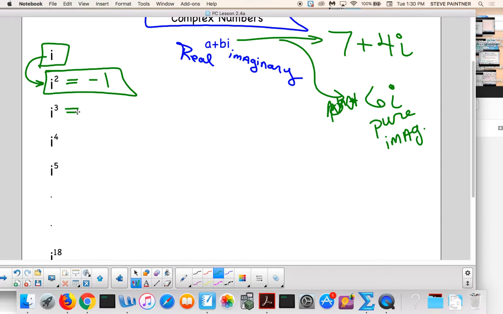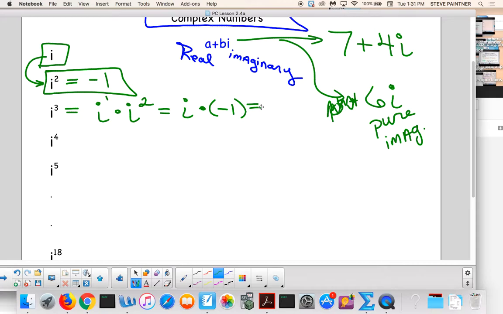i cubed is made up of these two. Isn't i cubed really just this? i times i squared. i to the first times i to the second is i to the third, right? What's i squared? -1. So doesn't this say i times what? -1.